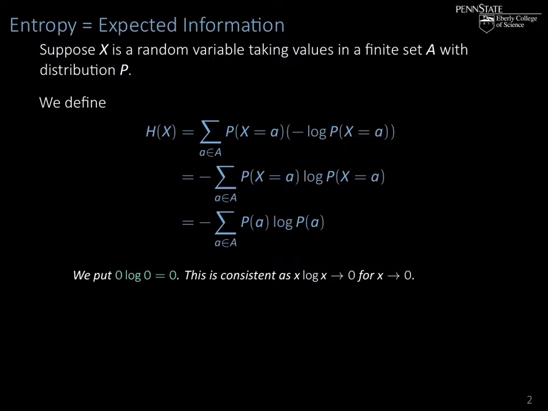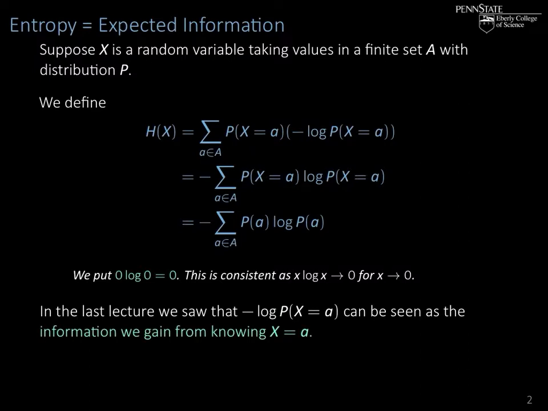And this can be rewritten in this form, or short, we can write it like this. We put 0 times log 0 as 0. This is consistent because the expression x log x goes to 0 when we let x go to 0.